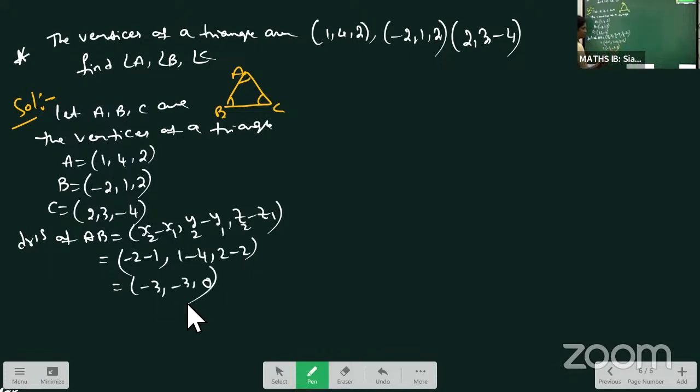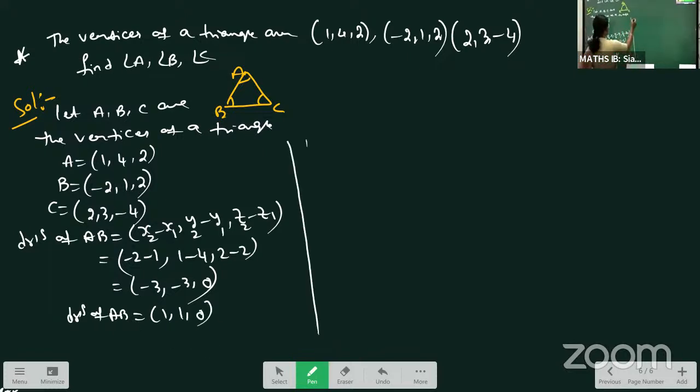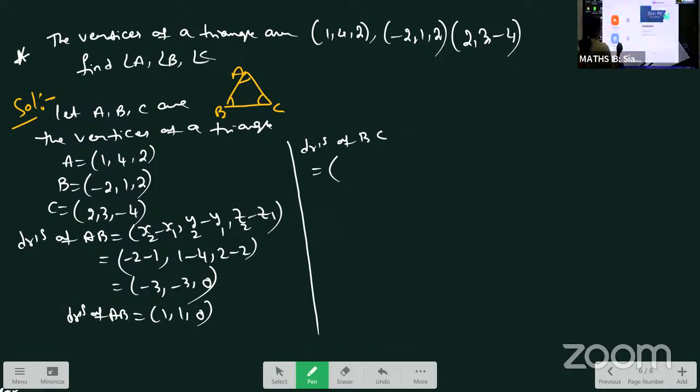As I said, if it is a multiple, you can remove it. Here, what is the multiple? Minus 3 is in both. So DRs of AB, directly I can write 1, 1, 0. Next, DRs of BC. All 3 sides we have to find. B point is x1, y1, z1, and C point is x2, y2, z2.